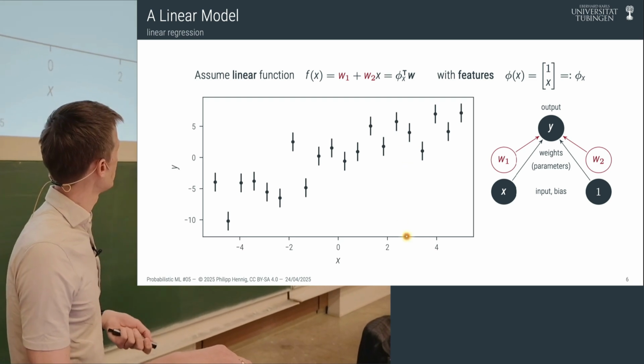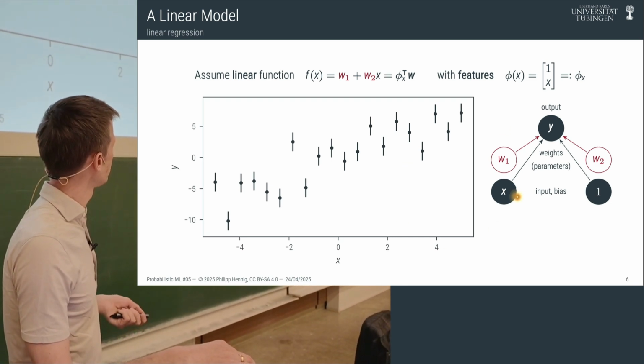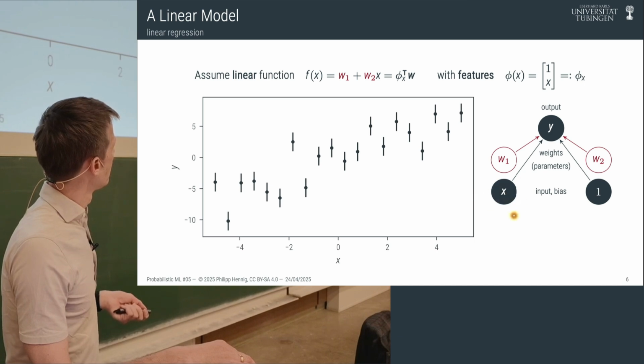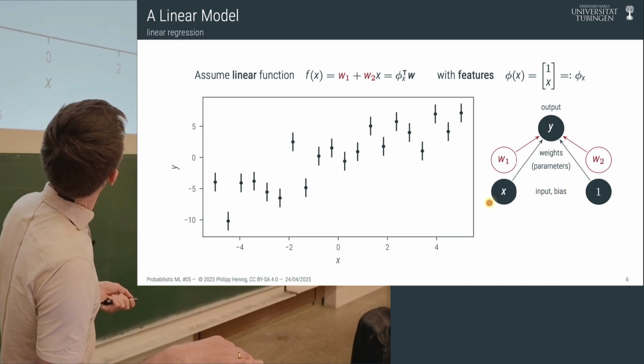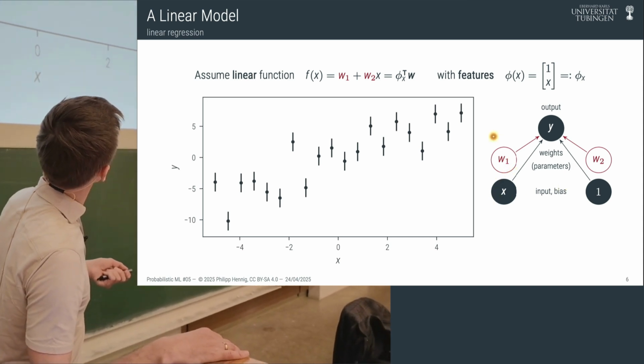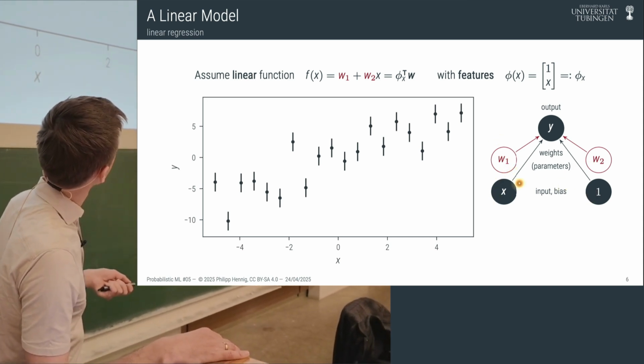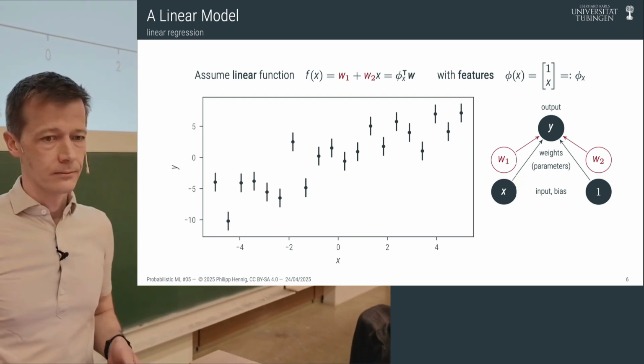So we can think of the situation like this. We're getting an input, and we're computing x and another 1, and then we can write y as w1 times 1 plus w2 times x. Right?